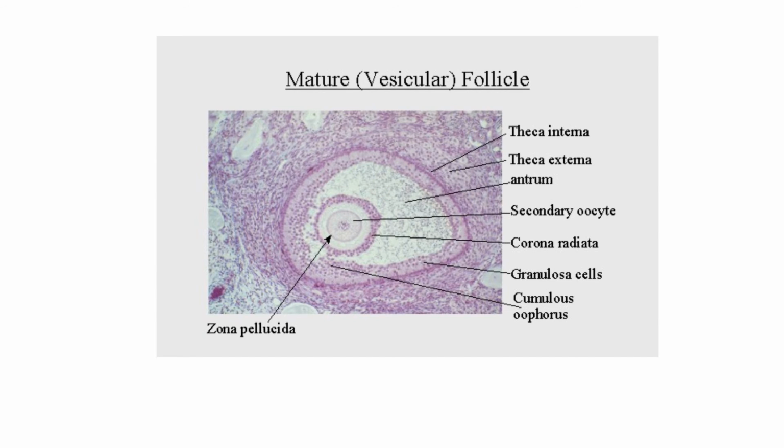But it's just another view, not as colorful as some. Here's the egg, because the outside of the egg is called the zona pellucida. And then there's the theca interna, theca externa, antrum. They're calling this a secondary oocyte because the oocyte does go through some stages, which I'm not going to talk about. Granulosa cells are inside the basement membrane.